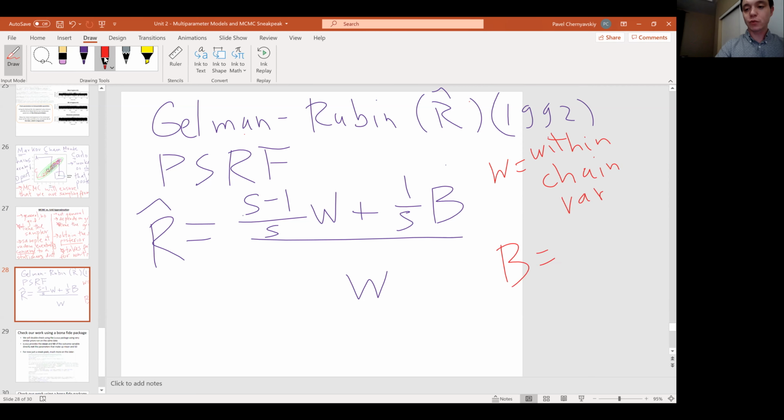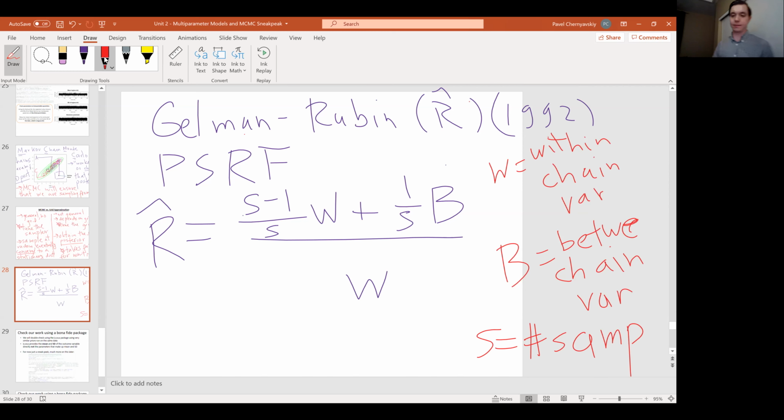B is between chain variance. And S is the number of samples from the posterior that we take.